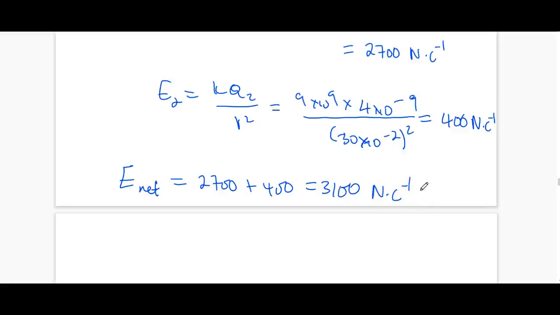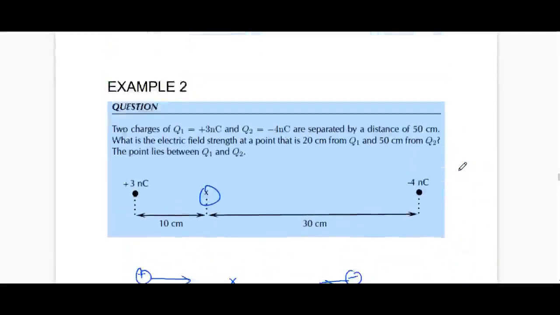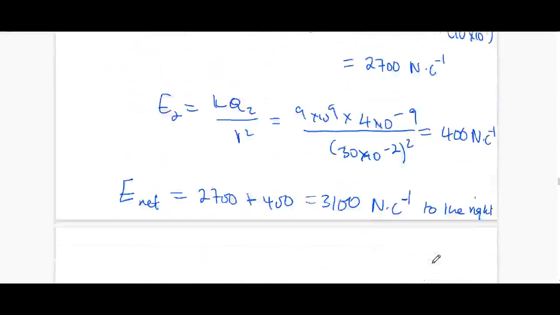Remember, we chose positive to the right. Therefore the answer is 27,400 to the right. This is our answer for this example.